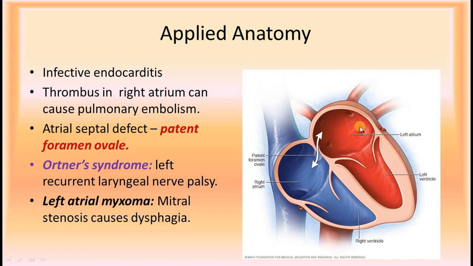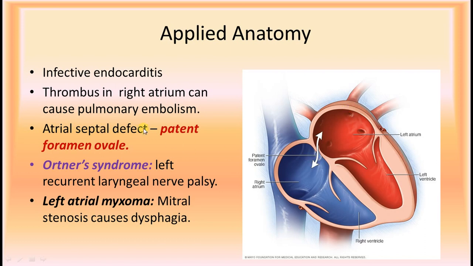Same way, if there is any thrombus in the left atrium, that might move into the left ventricle, systemic aorta, and from there it might go and form renal embolism, or it might form cerebral embolism to the brain. Okay, so through the systemic circulation it might reach there.